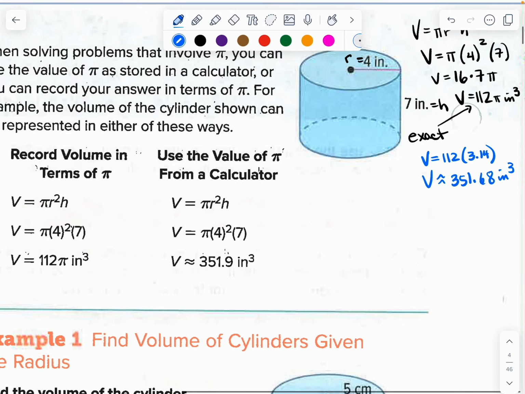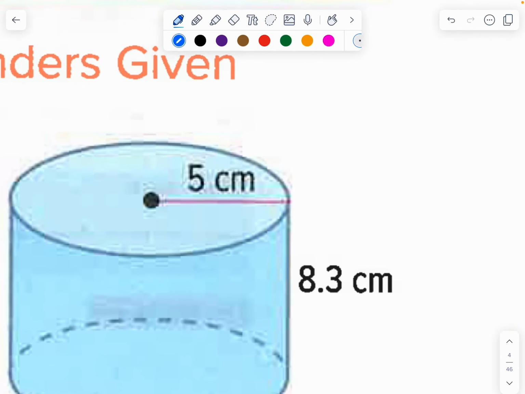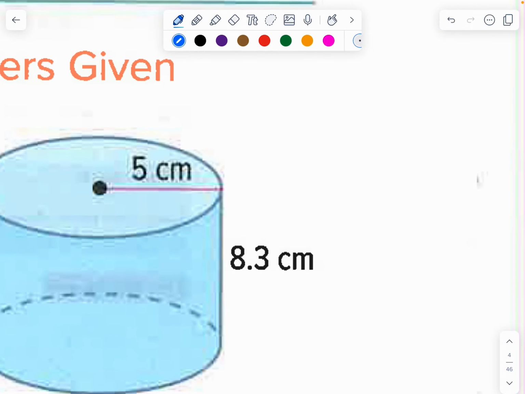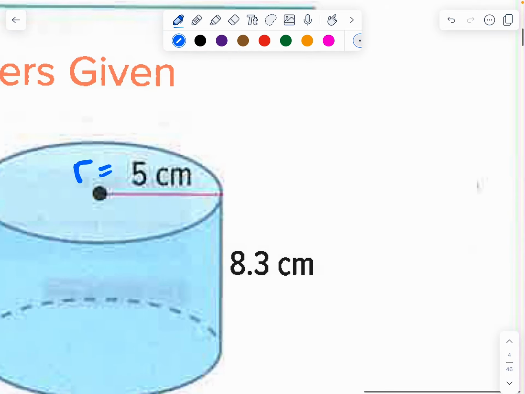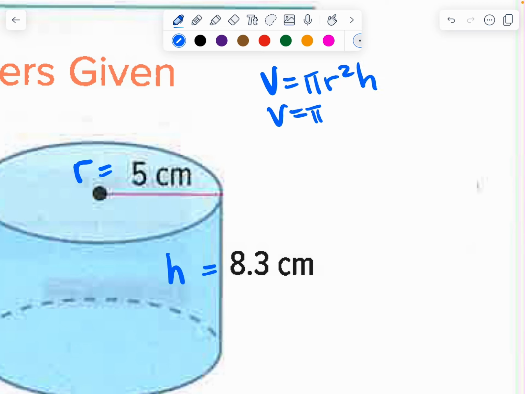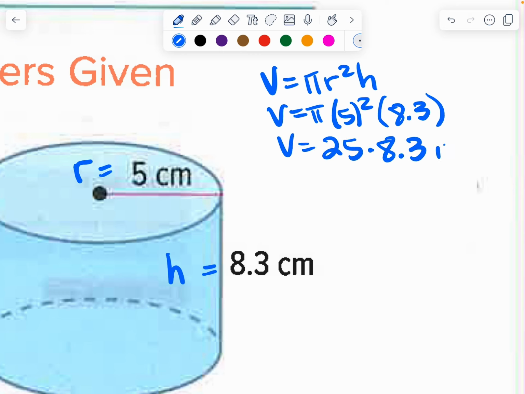Okay, so let's come down here and look at this one. So again, this would be my radius. Sorry, this would be my height. So I take V equals pi r squared h. I replace the r with 5. I replace the h with 8.3. So that's going to get me 25 times 8.3 pi.